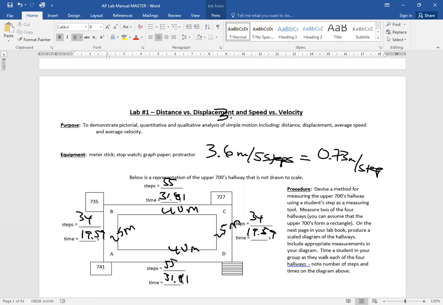So, what's the average speed from A to B? 1.27? No. Let's say 1.3. Okay, let's not get too crazy. Let's say 1.3. How about the average magnitude of the velocity? Same thing, isn't it? Okay.